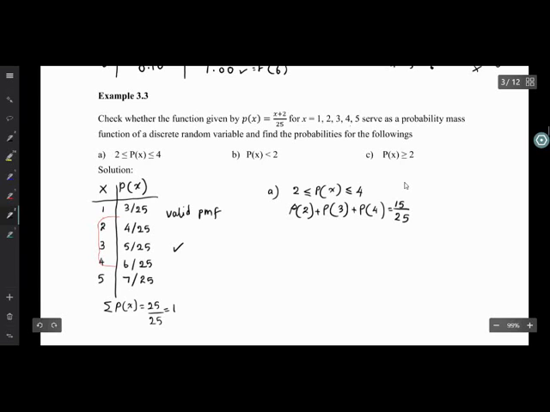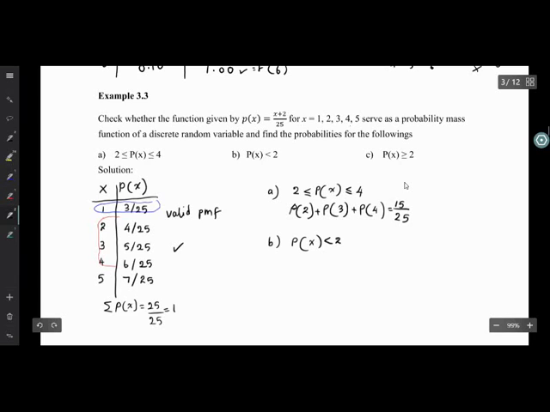Okay, the next one is probability of x less than 2. So for less than 2, 2 is not contained. Okay, so you see only the less than. So it will be only when x is 1.